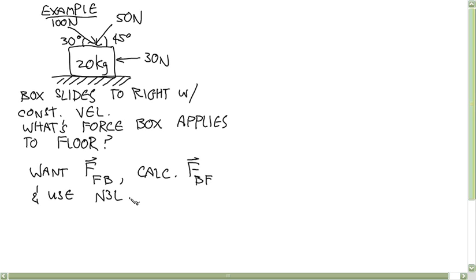So we're going to isolate the box, calculate the force the floor applies to the box, and then the last step is just to switch the sign and switch the subscripts.